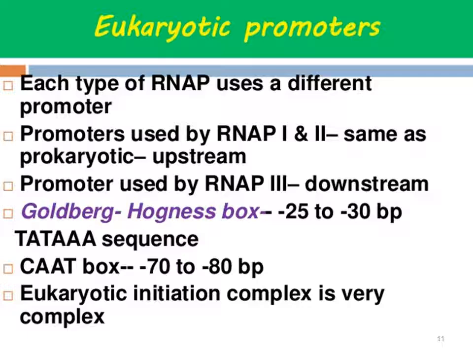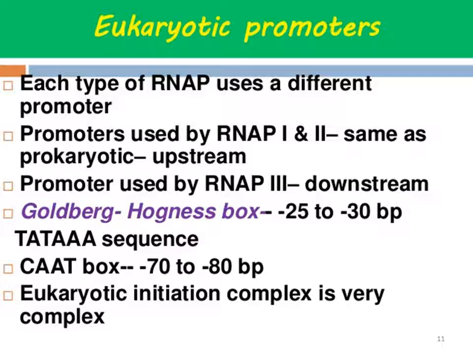Suppose promoters used by RNA polymerase 1 and 2 are the same as in the prokaryotic DNA molecule, while the promoter used by RNA polymerase 3 is totally different from the promoter of the prokaryotic DNA molecule.